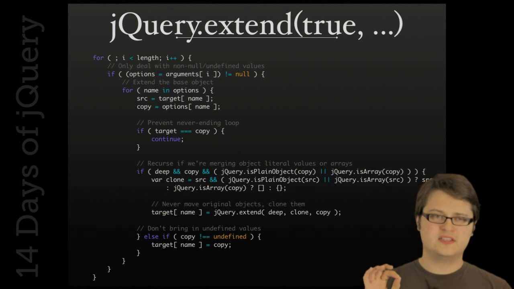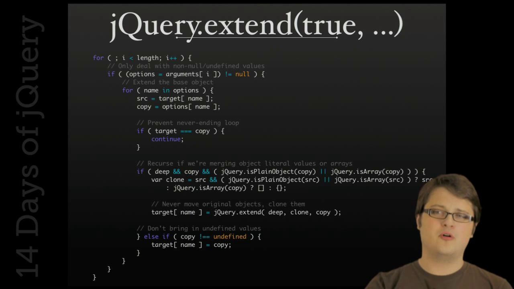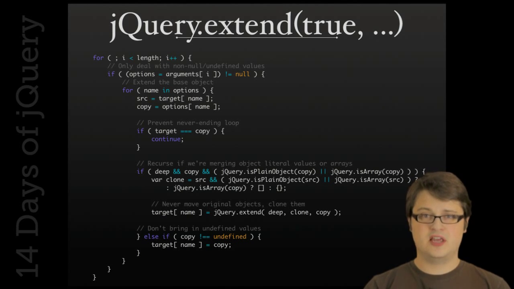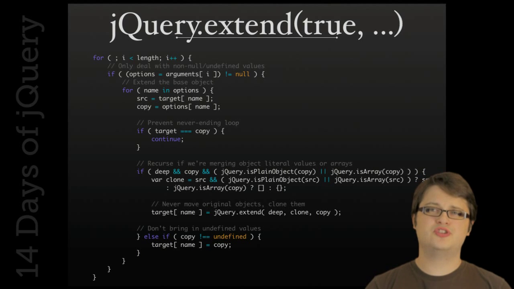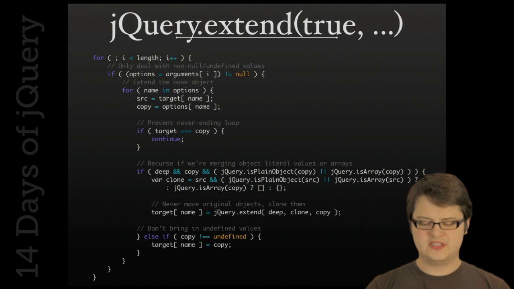So since we had this isPlainObject, we were able to develop a better jQuery deep extend, and it has a better chance of doing what you expect it to. So we're really quite pleased with this change.